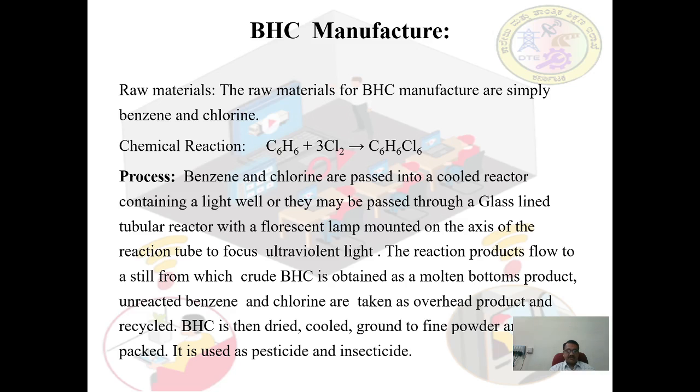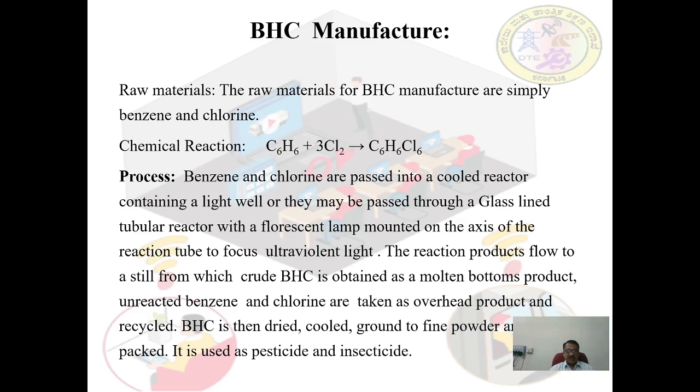Next question. Chloral and chlorobenzene are condensed by using strong dash. Option A, sulfuric acid. Option B, nitric acid. Option C, phosphoric acid. Option D, hydrochloric acid. Option A is the right answer. That is sulfuric acid.